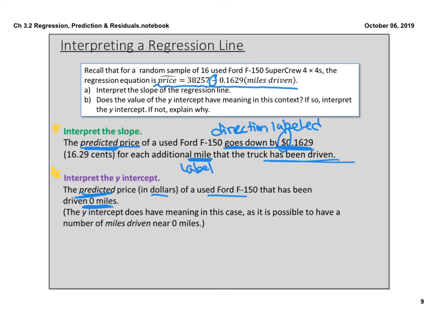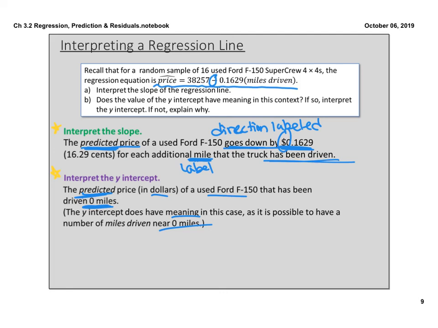Now, let's talk about the y-intercept. Oftentimes, the y-intercept does not actually have a whole lot of meaning to your data. It is not possible to have a used truck that is driven 0 miles. The very definition of a used vehicle is a vehicle that has been used. In order to use a vehicle, you put miles on the vehicle.